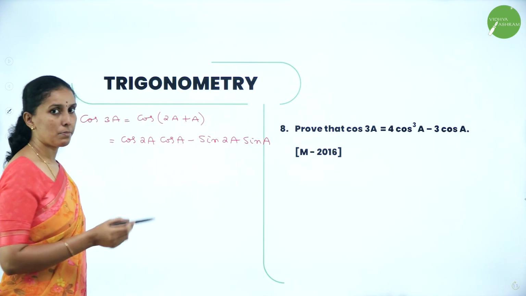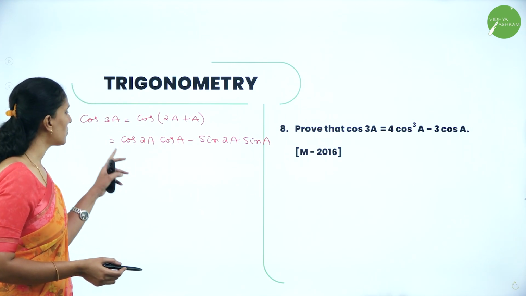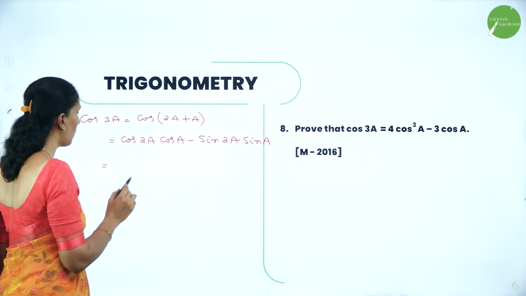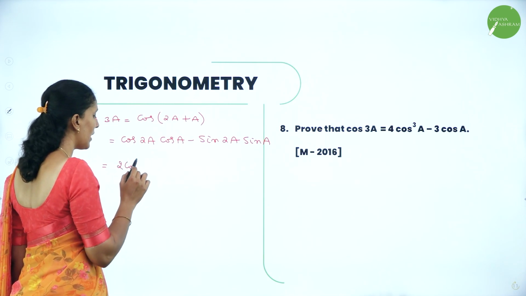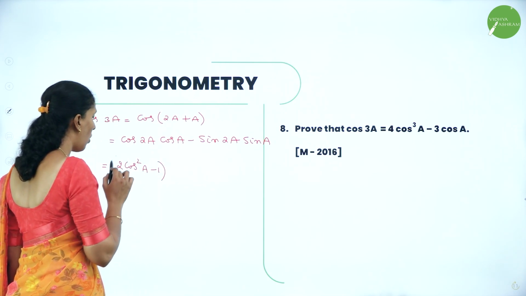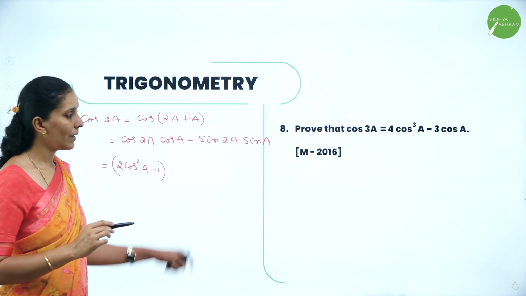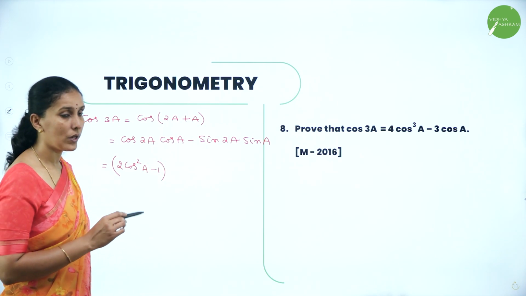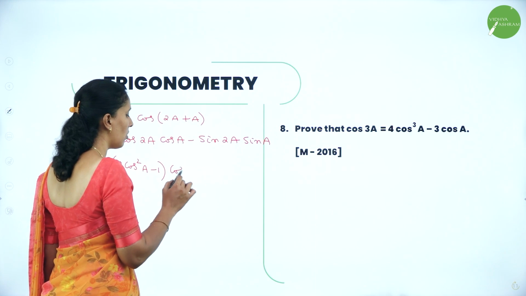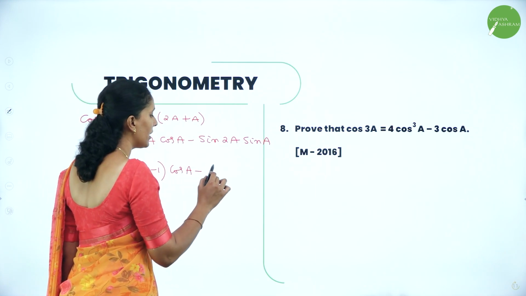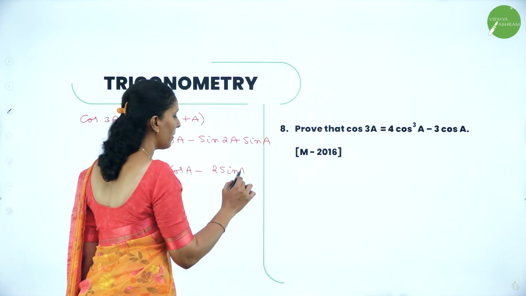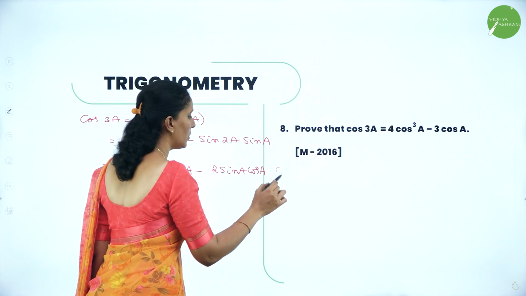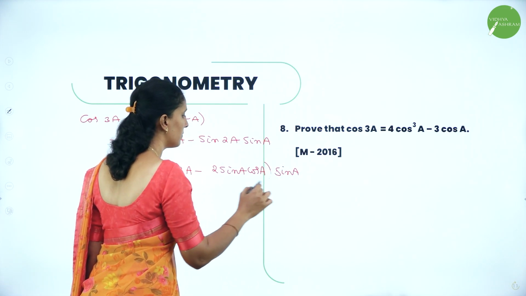That is cos a plus b formula. Now again we know the cos formula, that cos 2a is equal to 2 cos square a minus 1. Use all the expression in terms of cos only, because on the right hand side we need only cos function. So here cos a. Sin 2a is 2 sin a cos a into sin a outside we have.